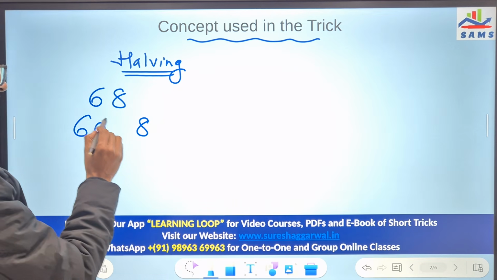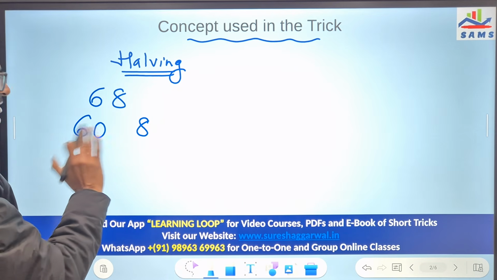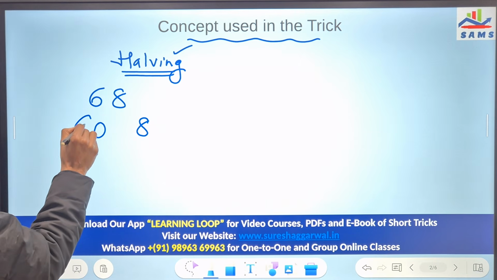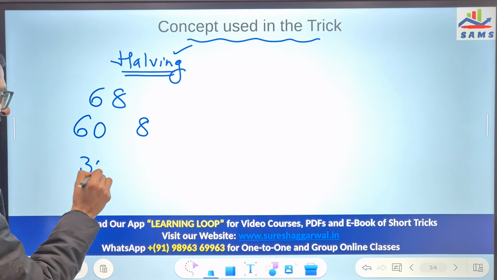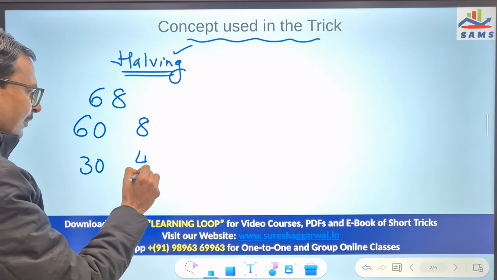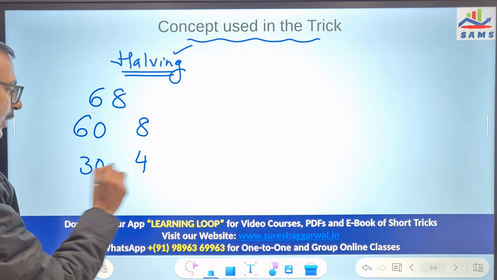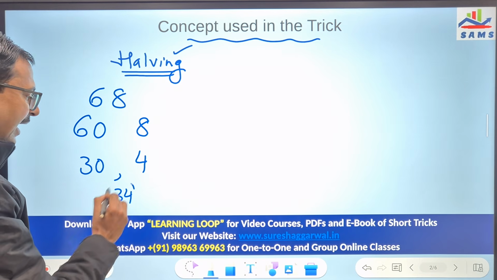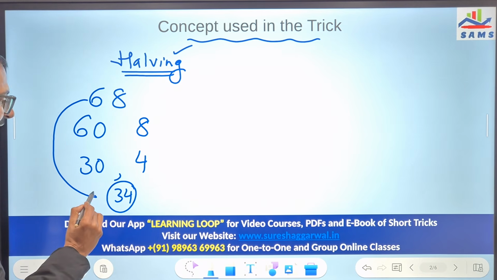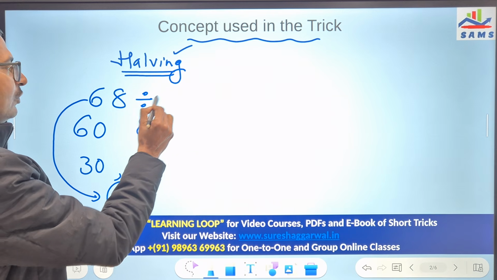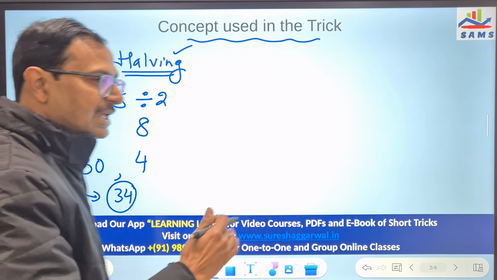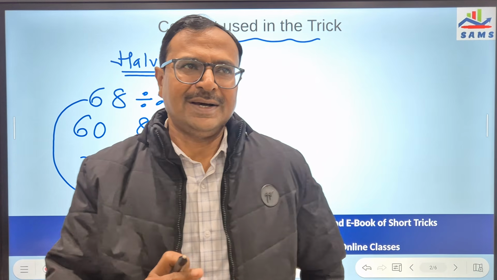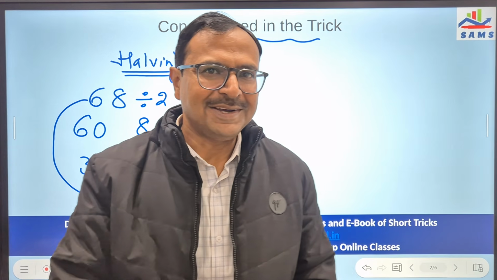Now when you say 60 and 8 by giving a pause in between, halving of numbers becomes so easy, and 60 becomes 30 and 8 becomes 4, and when you speak both of them together, 34, and therefore when you divide 68 by 2, you will get the answer as 34. Doesn't actually look difficult, right?